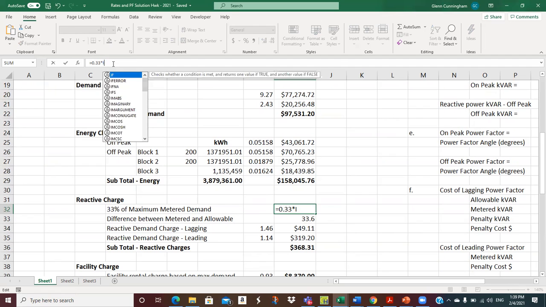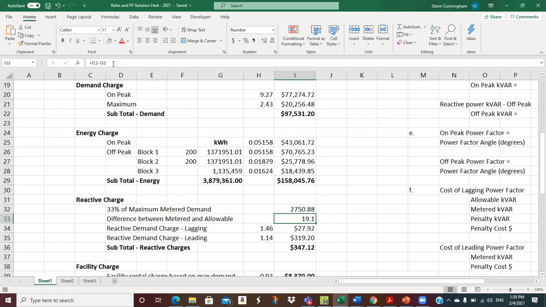This is an old spreadsheet, and the last time I gave this problem, the off-peak was the bigger. Okay, there we go. So you take the bigger of the two demands, off-peak or on-peak, multiply it times 0.33, and this is what's allowable for a 95% power factor, okay?